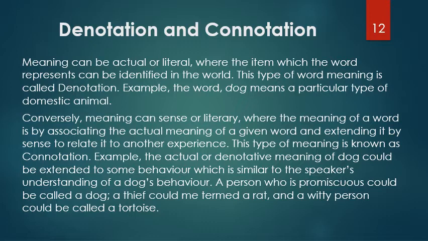However, connotatively, if someone is called a rat, it connotes certain experiences we have about the word rat, associated with its original, denotative meaning. For instance, if someone is called a rat, it can simply connote that he is being called a thief.